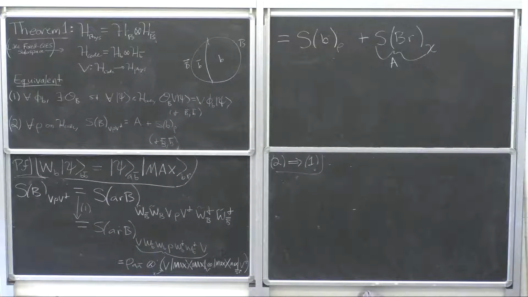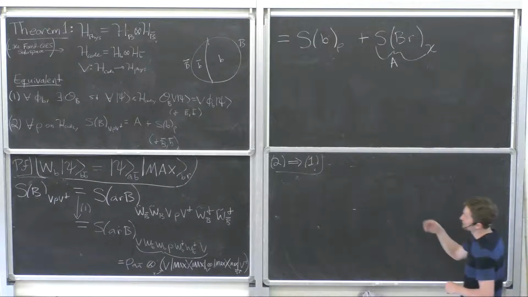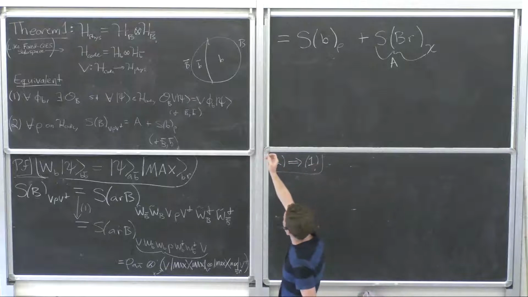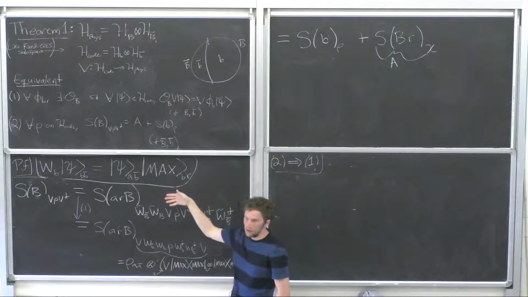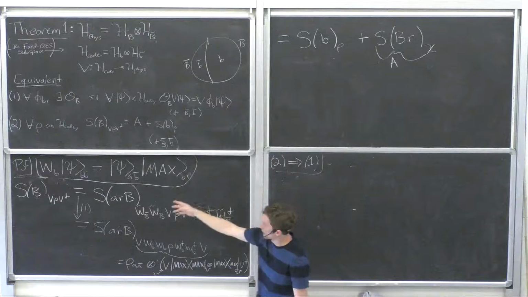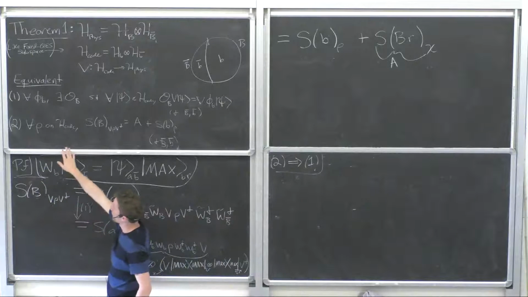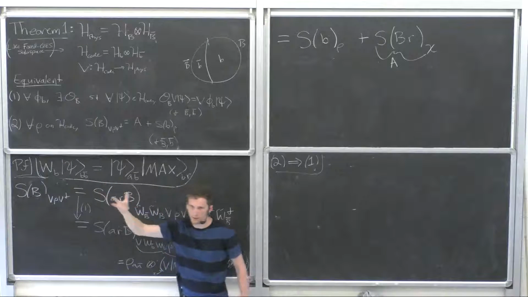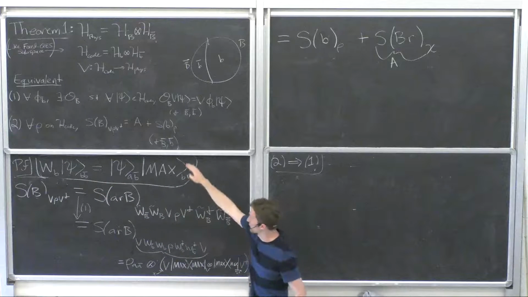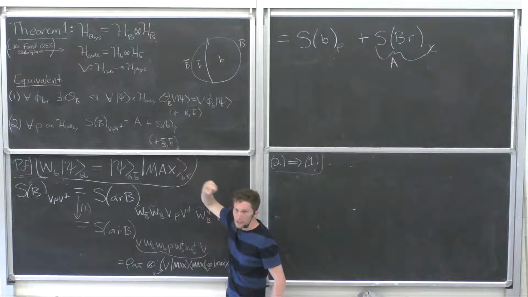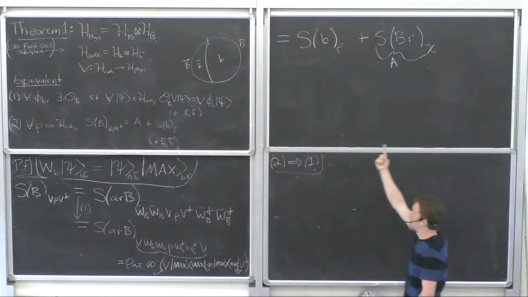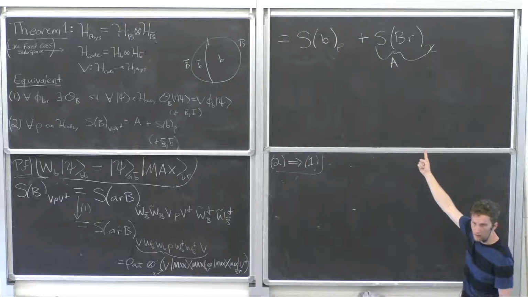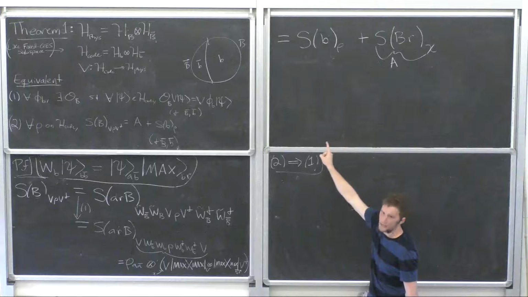Okay, and there are other reasons why it nicely matches what you might expect from area. For example, if you were to now compute S of capital B bar, so I showed 1 implies 2 for the unbarred systems, but you can also show that the entropy works out for the barred systems. And if you did that, you would get the same exact A there, but this first term would be S of little b bar.